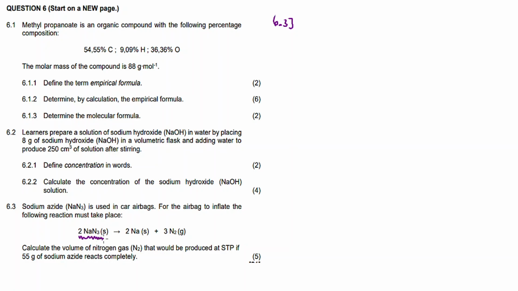The sodium azide decomposes to form sodium and then nitrogen gas. Calculate the volume of nitrogen gas that would be produced at standard temperature and pressure if 55 grams of sodium azide reacts completely. Stoichiometry at standard temperature and pressure.